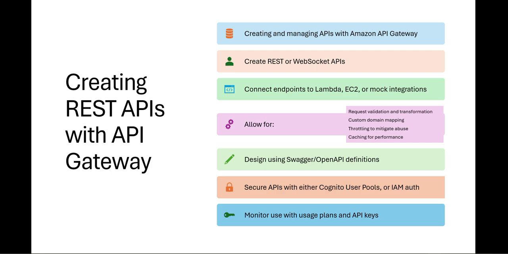These connections allow for request validation and transformation, custom domain mapping, throttling to prevent abuse, and caching for performance. Design using Swagger or OpenAPI definitions. Secure the API with either Cognito user pools or IAM authorization. And monitor use with usage plans and API keys.